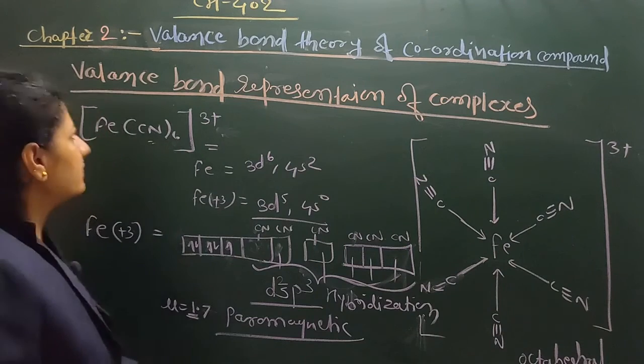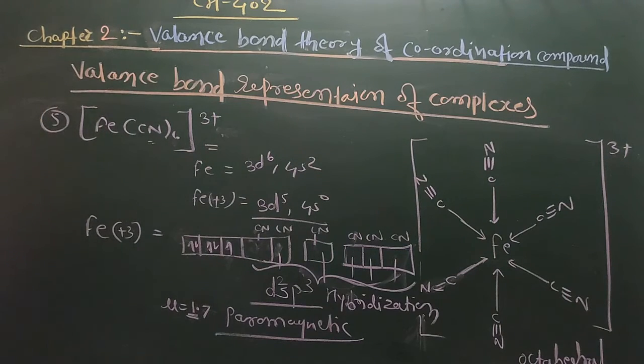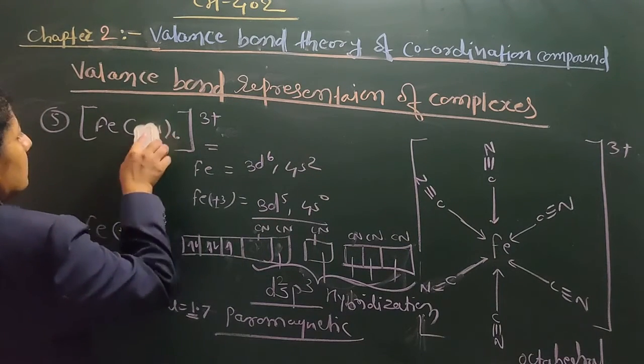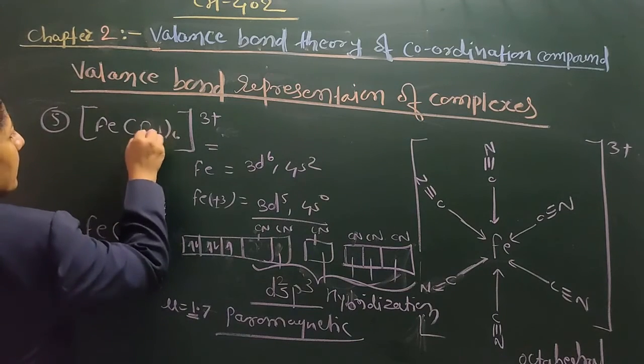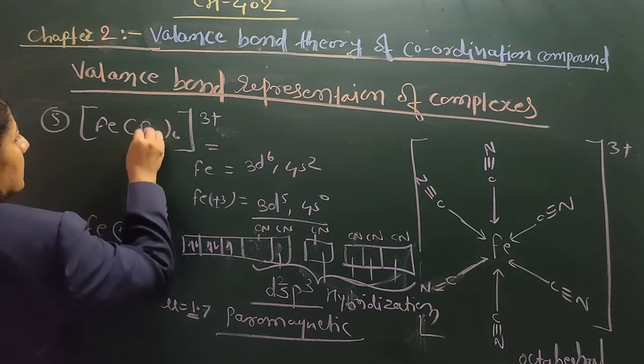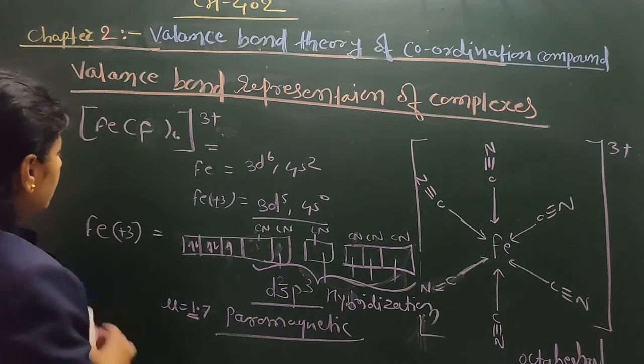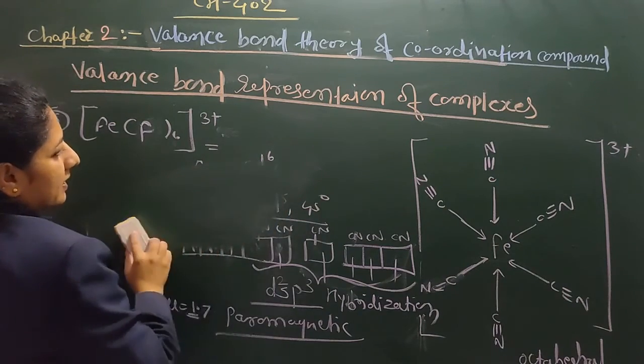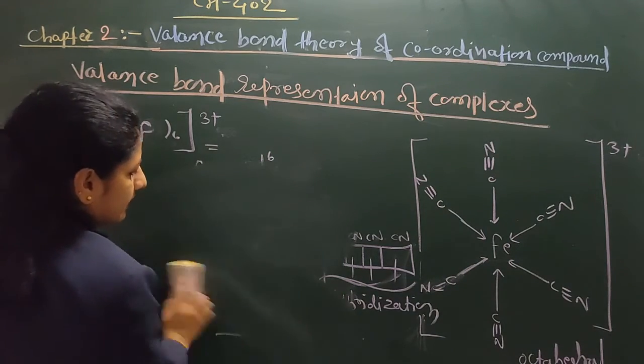For the same complex, we just put a different ligand. If we take fluorine, what will be the schematic representation?